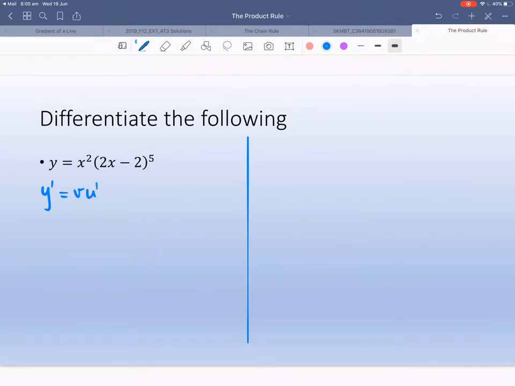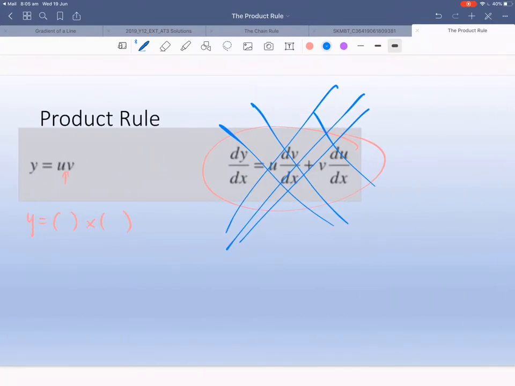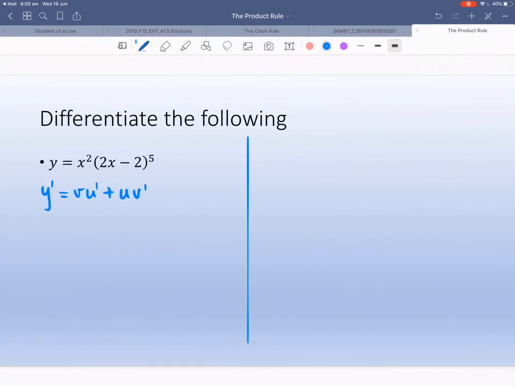And then we go u dash plus u v dash. This is the same situation as here, where y equals u times v. You know how I said always start with v, it's always the second thing.